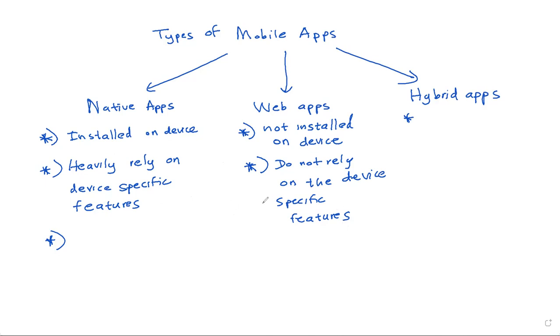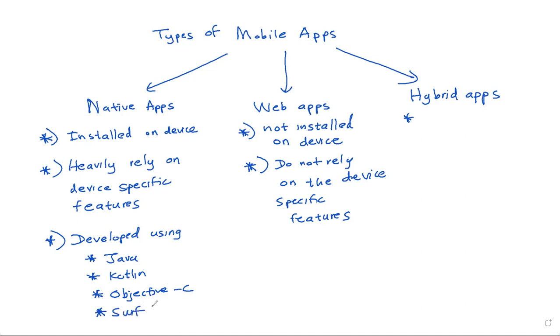That is basically regarding the web app and the native app. And native apps are most of the time developed using programming languages such as Java, Kotlin, Objective-C, and Swift.